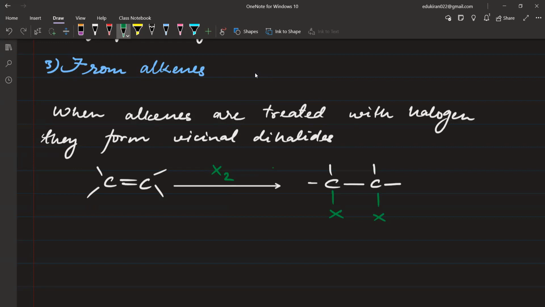See what is happening here? Whenever you see a reaction, the very basic understanding is what bond is broken and what bond is formed. The pi bond has been broken, and two new single bonds have been formed. As you can see, both of the halogen atoms are adjacent to each other, neighbors to each other. That is why they are known as vicinal dihalides. Vicinity means neighbor. Di means two halides, two halogen atoms. So it is vicinal dihalides.